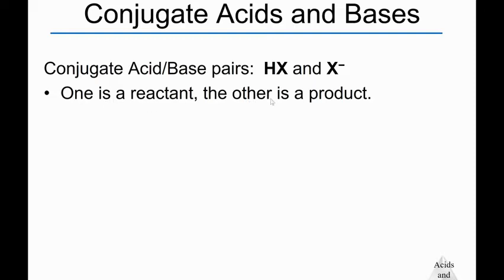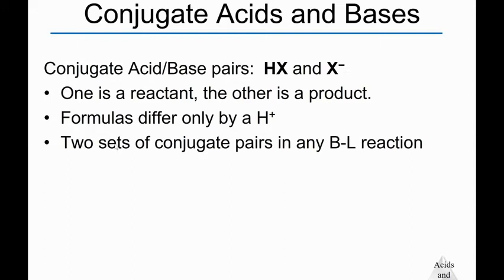One is a reactant, the other one is a product. So let's take a look at what we mean by that. What you'll notice is the conjugate acid-base pair differ by only an H+. So the only difference between this acid and this base is the H+ that is connecting the two of them. There are always two sets of conjugate pairs in any Bronsted-Lowry reaction.